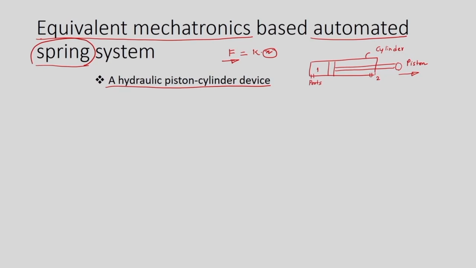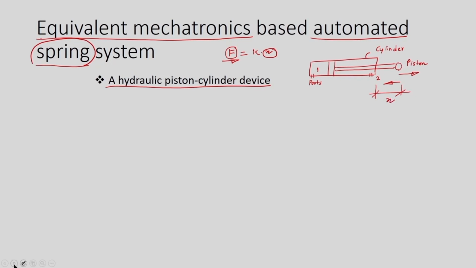If we apply pressurized fluid through port 2, then there is contraction of the cylinder, so the piston will move inside the cylinder. This is a typical hydraulic piston cylinder device. When we apply fluid pressure as a function of force F, we will get the extension of the cylinder. This is the extension of the cylinder X.